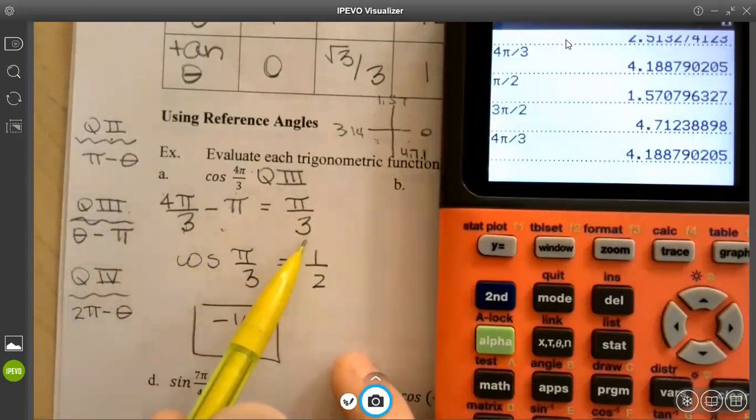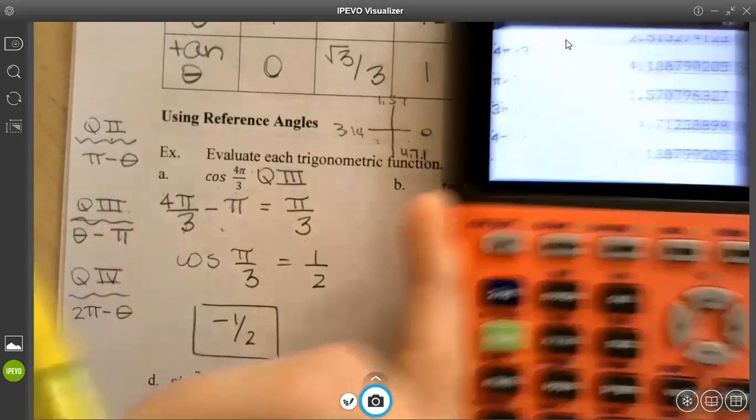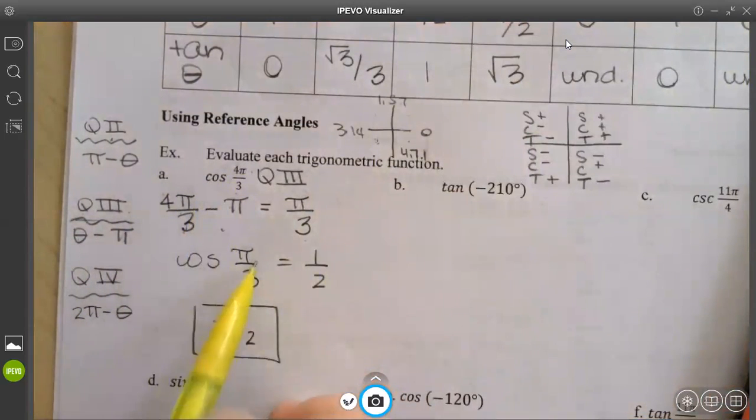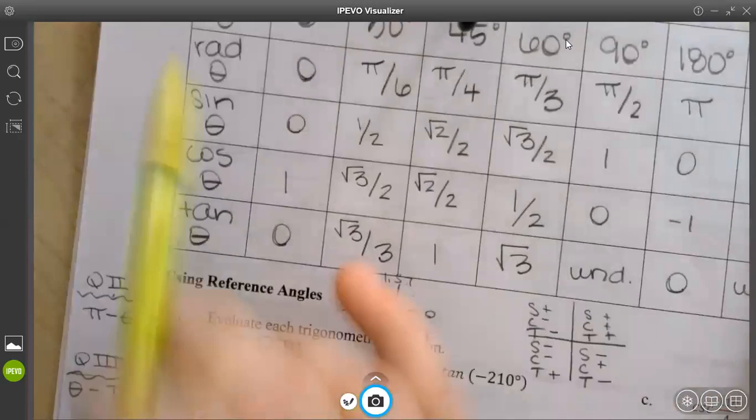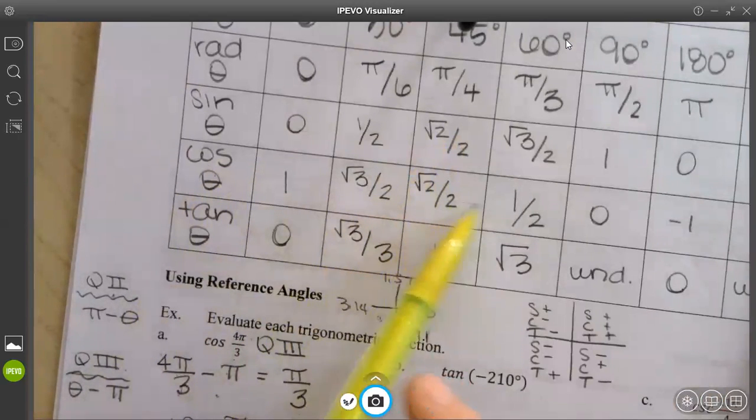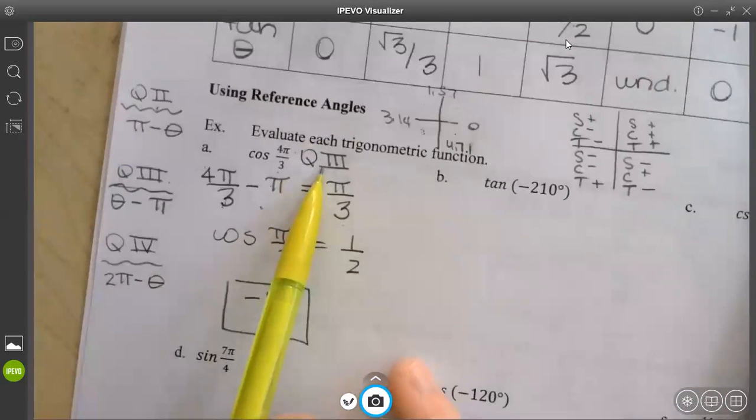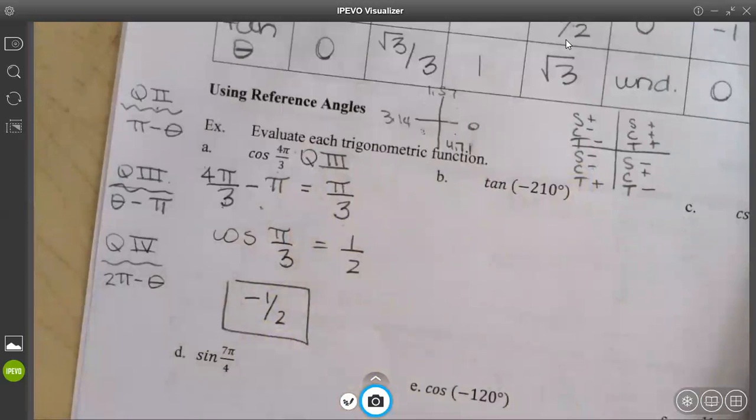So pi over 3. We're doing cosine of our reference angle, which is pi over 3. My chart said cosine pi over 3 is 1/2. But then I learned that this was in quadrant 3. Cosine has to be negative. Is everybody good?